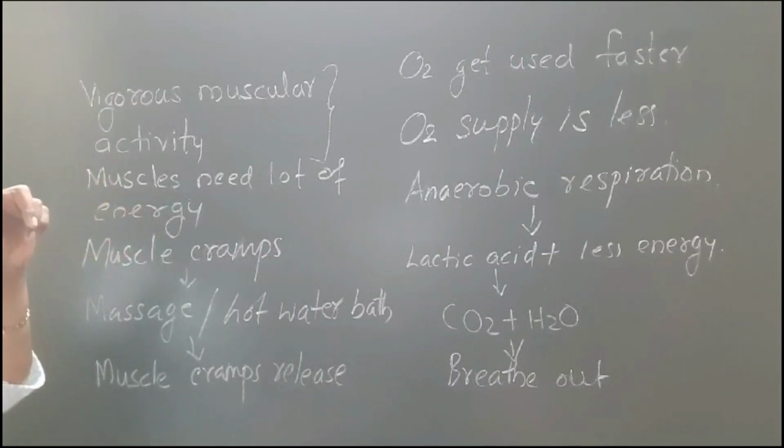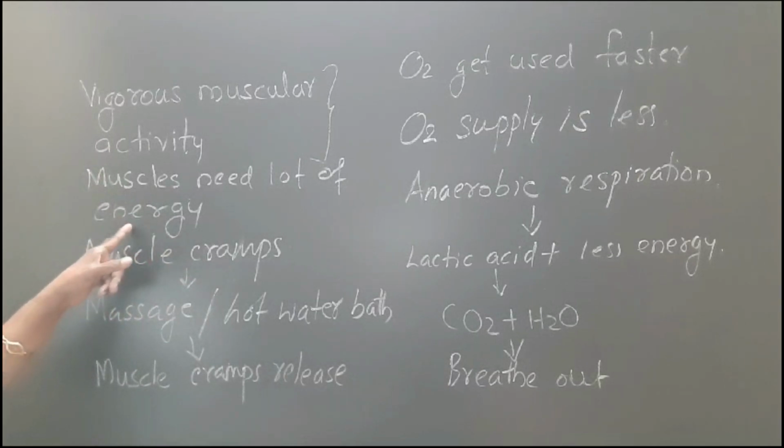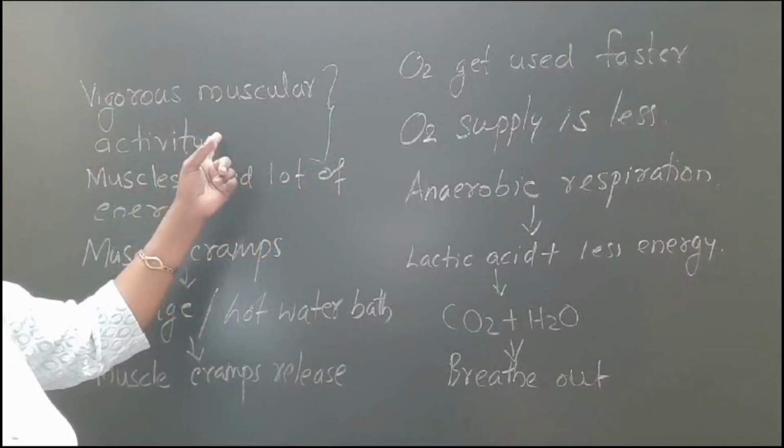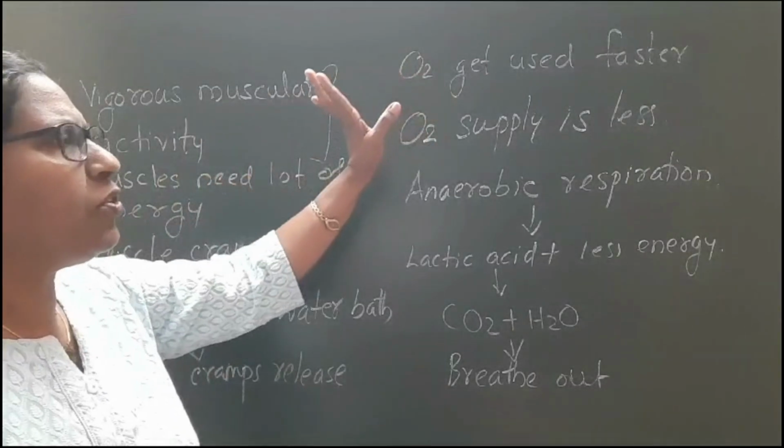So cells need to break down the glucose because they need energy. During vigorous muscular activity, oxygen gets used faster.